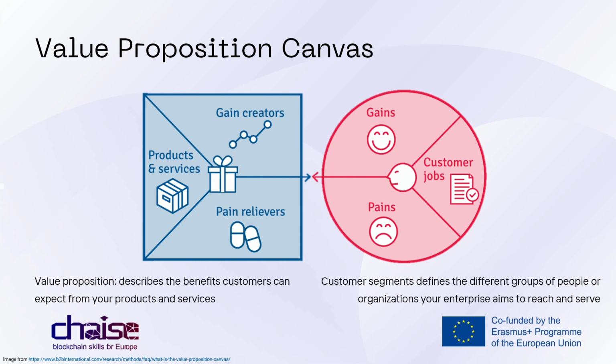Customer segments defines the different groups of people or organizations that your enterprise, that your use case aims to reach and serve. Value proposition, on the other hand, is a description of the benefits you offer, the benefits customer can expect from your product and service, the benefit for which customers are willing to pay.